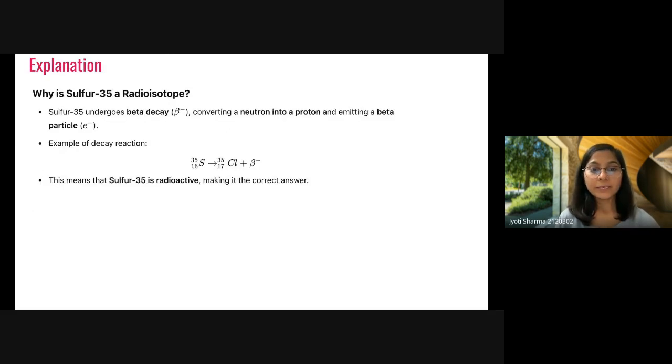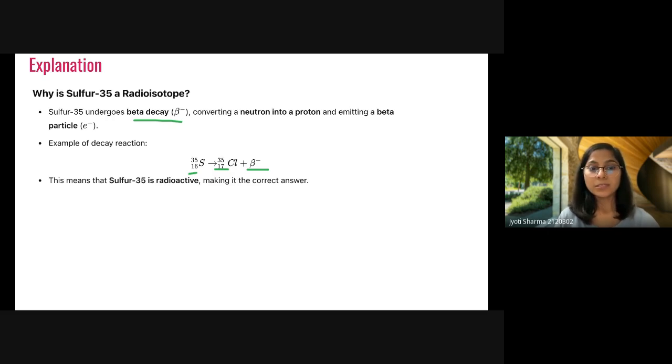And if we see, we have sulfur, that is 16 and 35, and this will decay and undergo a beta decay. So this will release beta. So beta means your atomic number will be increased by 1. Okay, so this will give you chlorine that has atomic number 17 and atomic mass 35, very much the same.